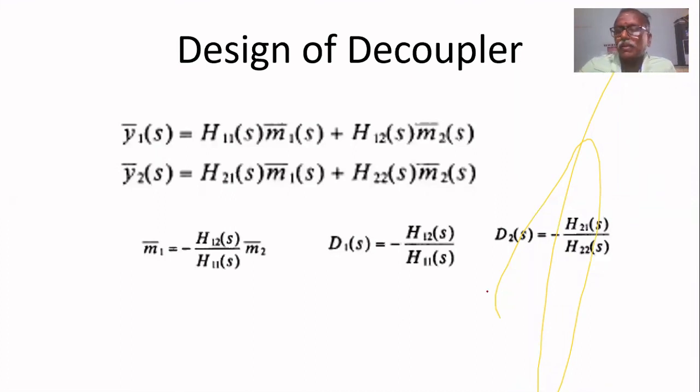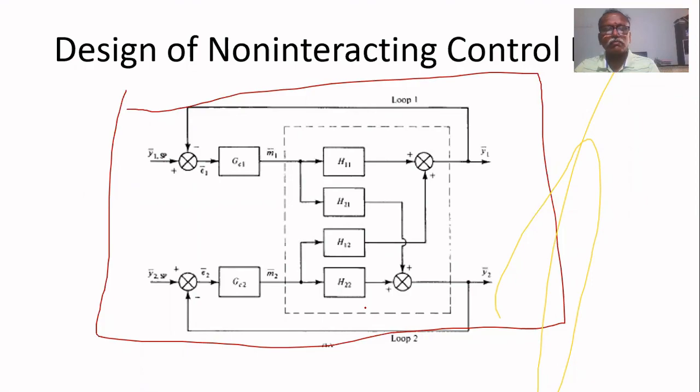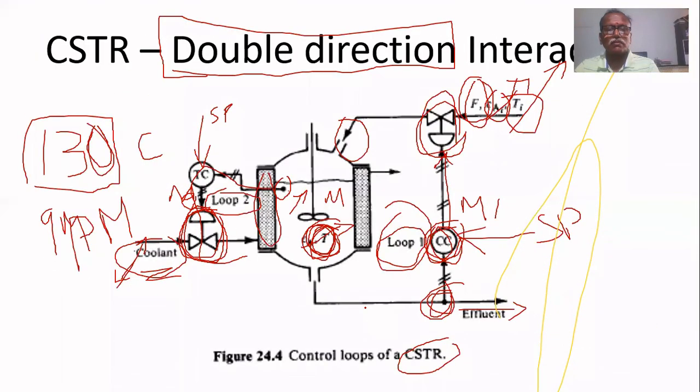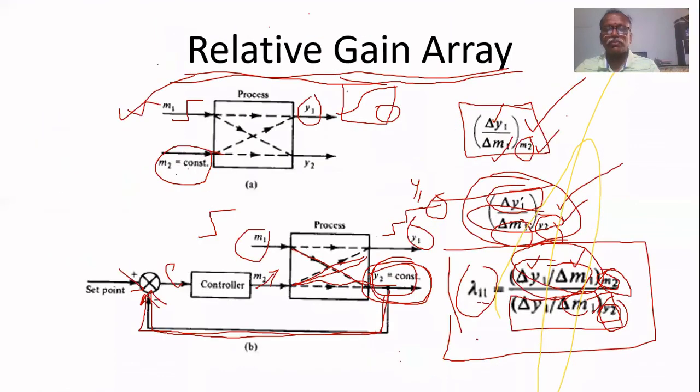Okay. Let us review the relative gain array and finish today's topic: how to find a relative gain array. To find a relative gain array, lambda, we have to find all lambdas.